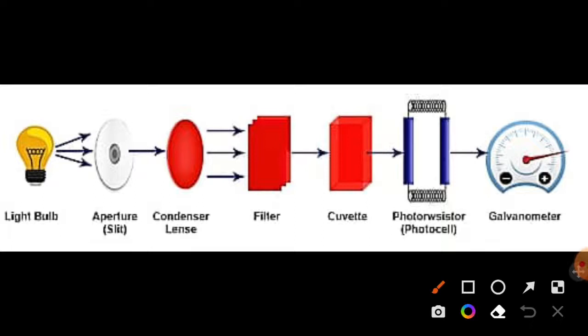Now the question is, what is the need of this coloring agent? Because in UV visible spectroscopy or any other spectroscopy we have not specifically mentioned the need of colorants, right? So why are we using color?